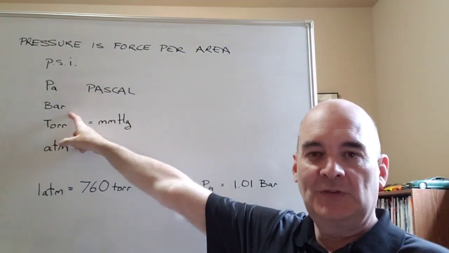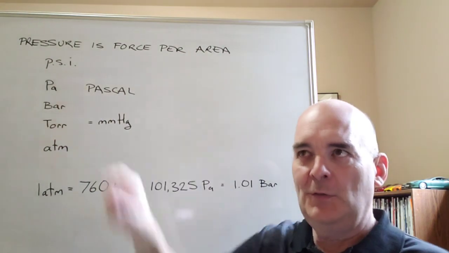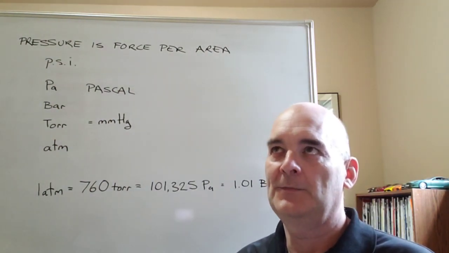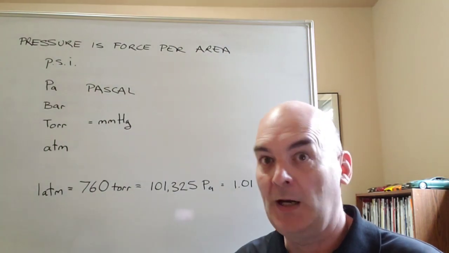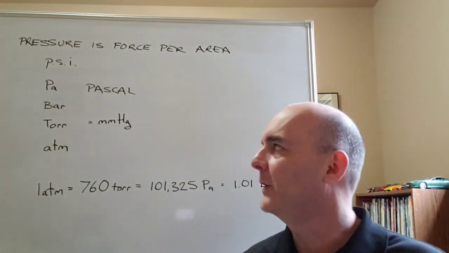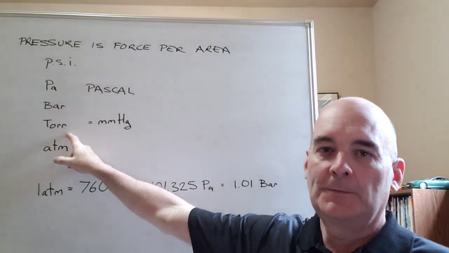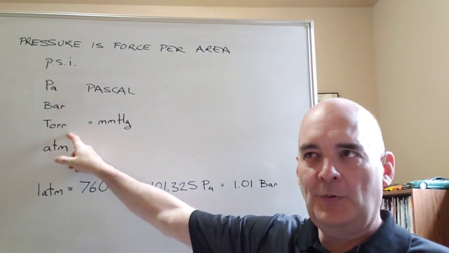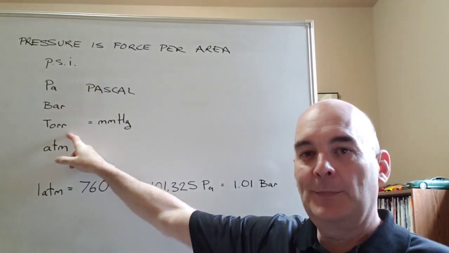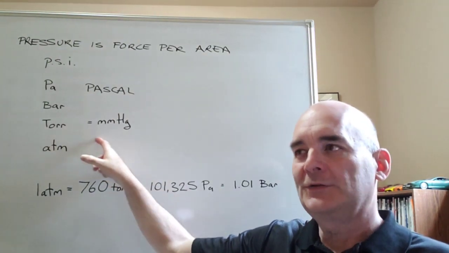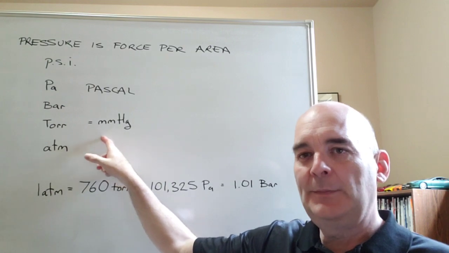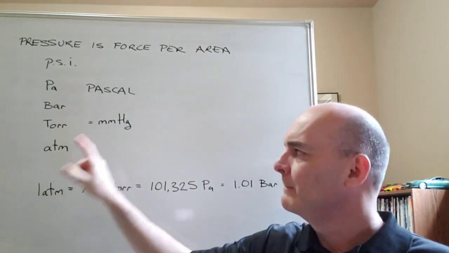Bar is a measure of pressure. You might have heard the meteorologist on television talk about bars and millibars of atmospheric pressure. Torr is a measure of pressure that comes from a barometer, and barometers measure atmospheric pressure, that is also translated as millimeters of mercury.